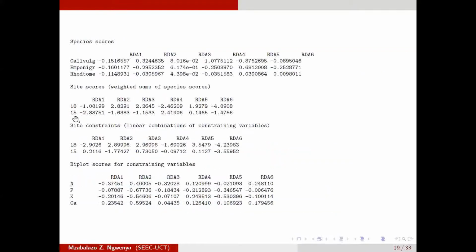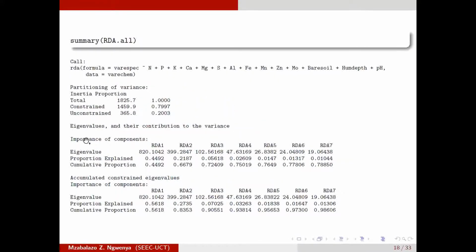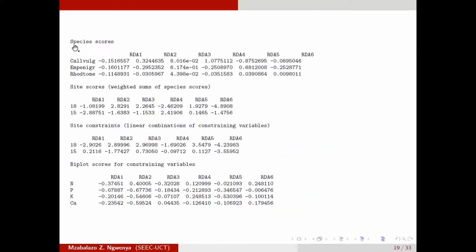What you're getting is eigenvalues telling you the importance of components, the accumulated eigenvalues for our components, and species scores. We use these species scores to plot the species on our reduced dimensional plot. If we're using 2 dimensions, we'd use the species scores from the first 2 dimensions to locate each of the species. Also the sites, remember we can also plot sites in our ordination plot.